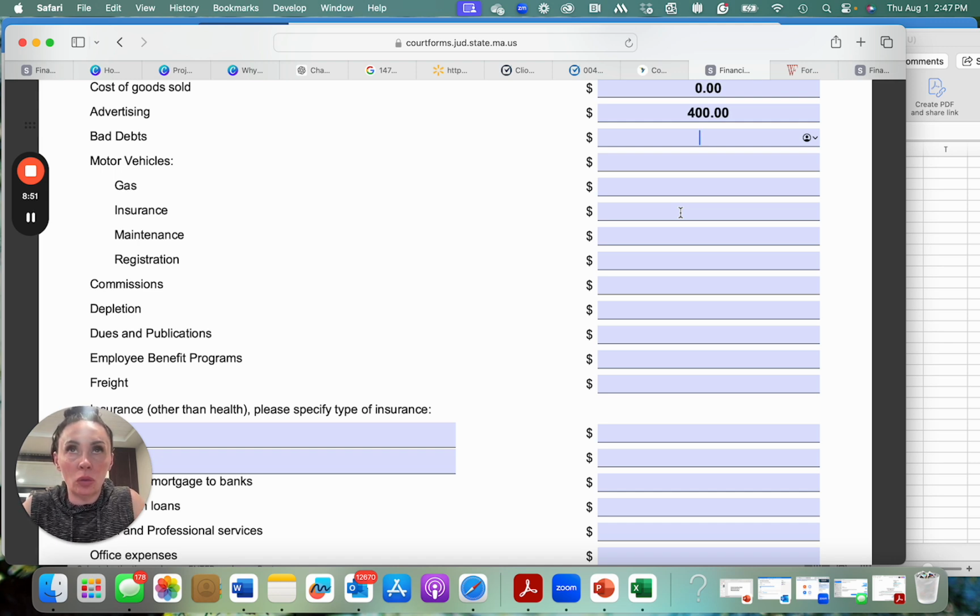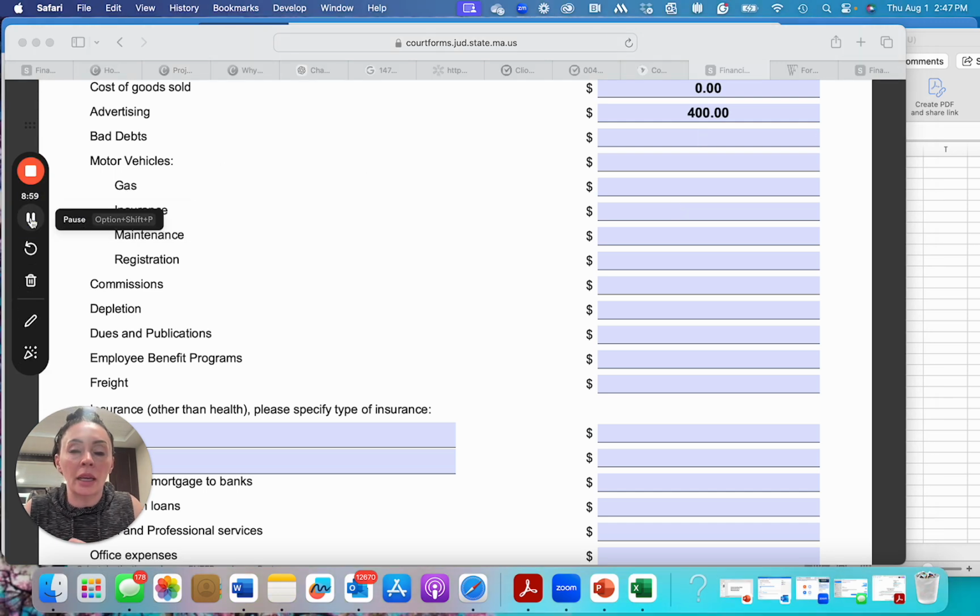If you are a cash basis business, meaning you recognize revenue when you actually received it, not when you get the receivable from your customer or the promise to pay, bad debts really aren't tax deductible, so they don't really play in here.